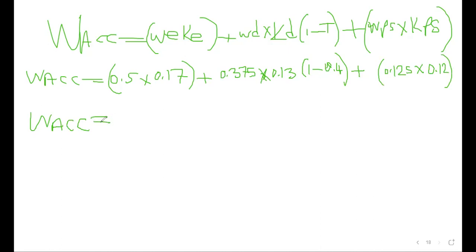So just sorting this out, we get 0.5 times 0.17, plus 0.375 times 0.13 times 0.6 as we subtract, plus as we multiply 0.125 by 0.12.